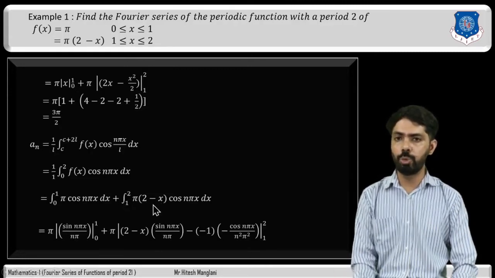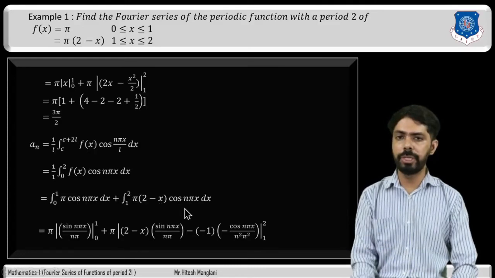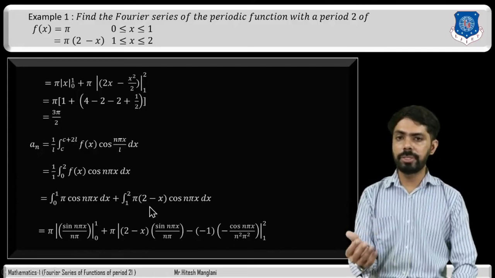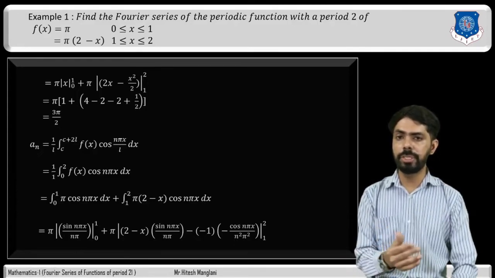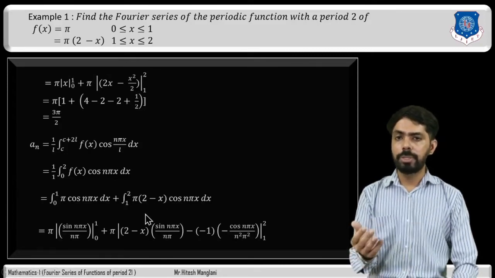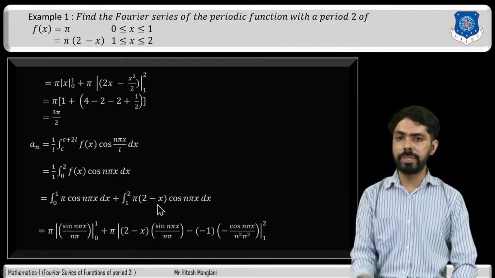First function is 2 minus x and second function is cos n pi x. So here again we will use Bernoulli's formula. First of all we have to decide one function such that its successive differentiation is 0. So here we will choose 2 minus x because successive differentiation of 2 minus x is 0.